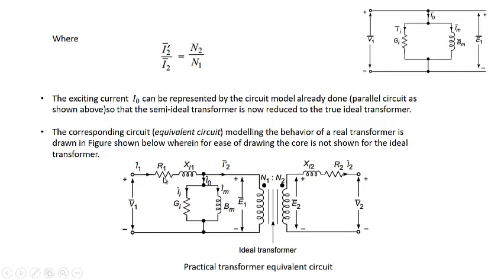So the responsibility of Ic and Im is actually due to E1, not V1. That is why this circuit is usually connected between this point and this point, that is across E1, not across V1. So I hope you understood this. Now this is the corresponding equivalent circuit modeling that actually tells us the behavior of the real transformer.